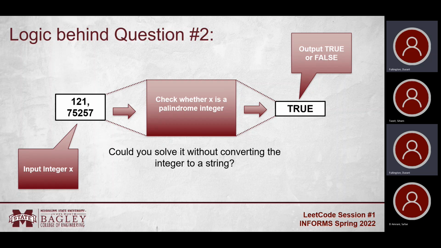In a string, you can compare the first character and the last character, then the second character and the second last character, and if they are the same, then you can return true, because it is a palindrome number.